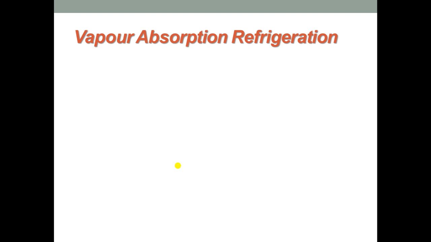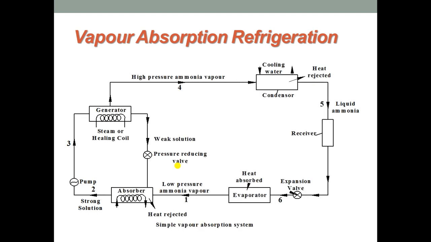Moving on to the next one, the vapor absorption refrigeration system. So, we make use of a flow diagram to understand the working and construction of a vapor absorption refrigeration system.